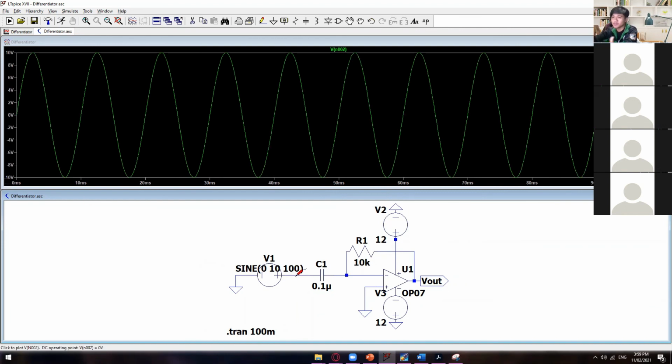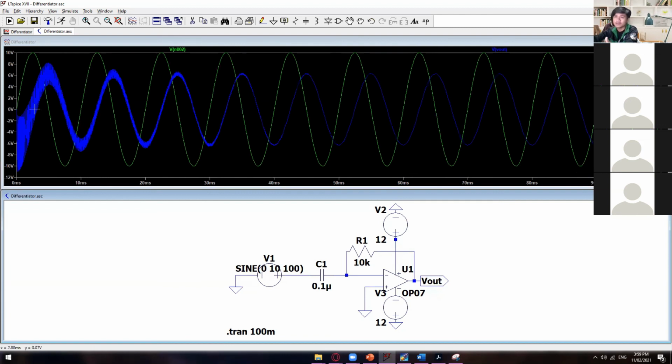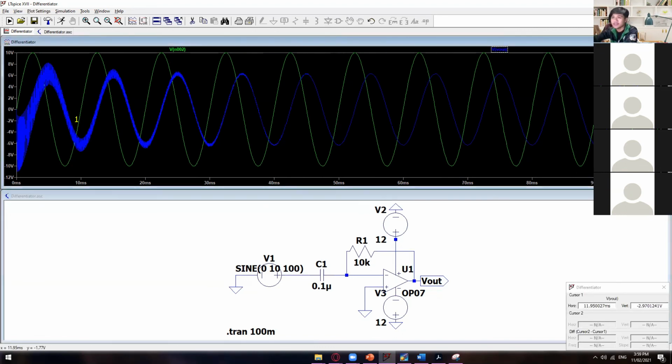So we have the input peak to peak 10 volts, and then if you're going to click the output, you will get this one. Okay, so it's like a fast-paced output. So as you can see right here, we have a very fast-paced output, -4 to -1, -2 to 1, and so on and so forth.